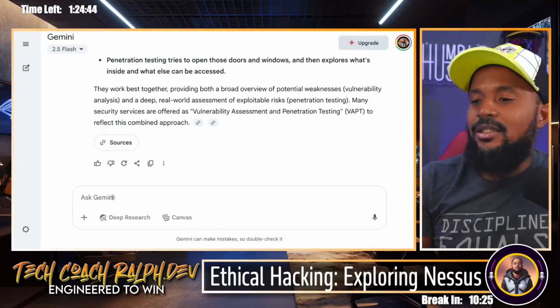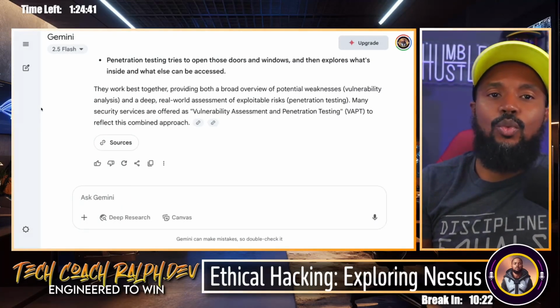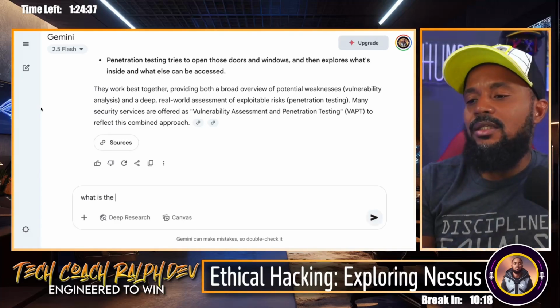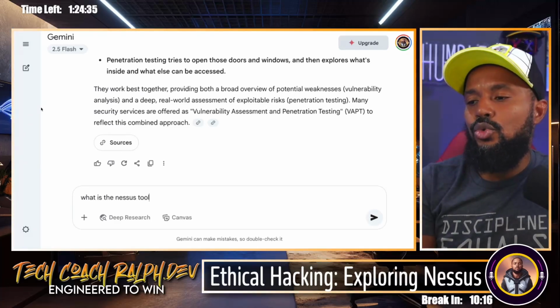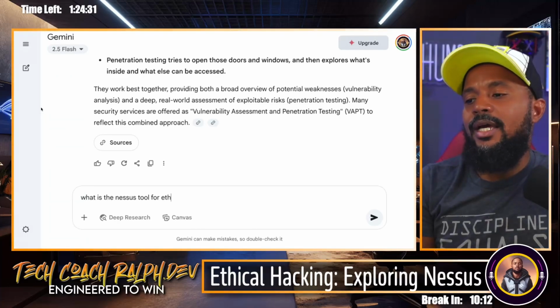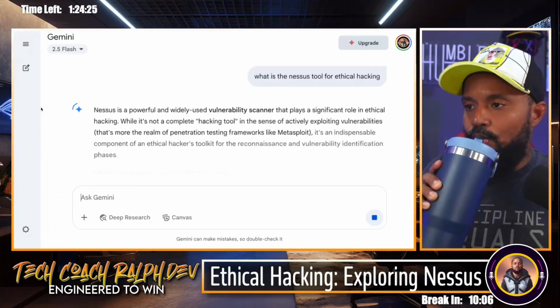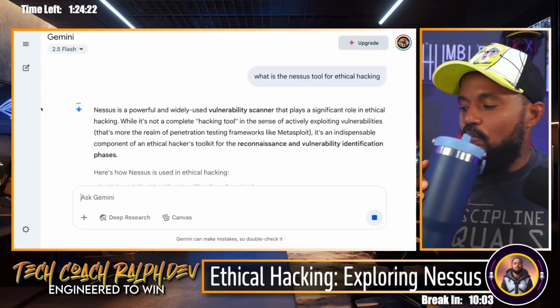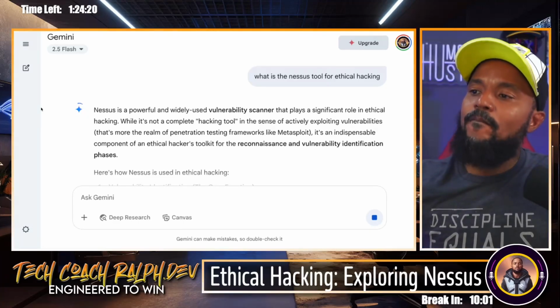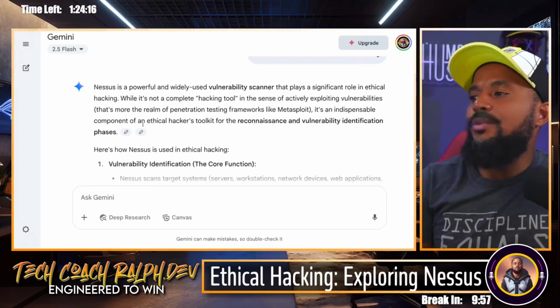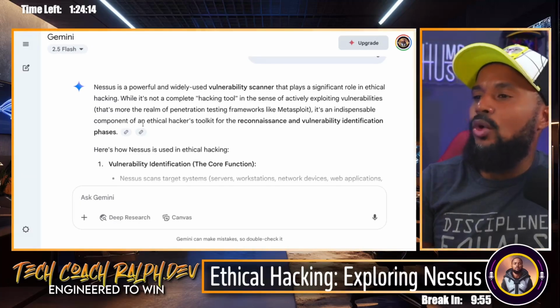All right. So now we're going to be jumping into what is Nessus. What is the Nessus tool for ethical hacking? It says Nessus is a powerful and widely used vulnerability scanner that plays a significant role in ethical hacking.